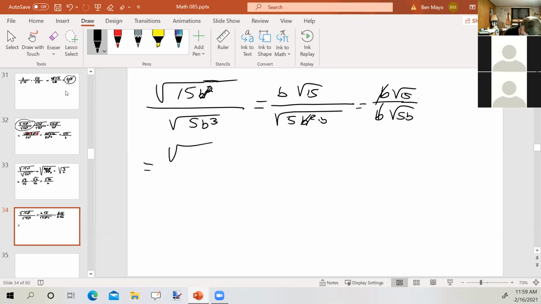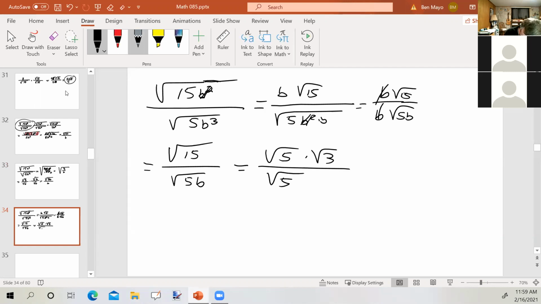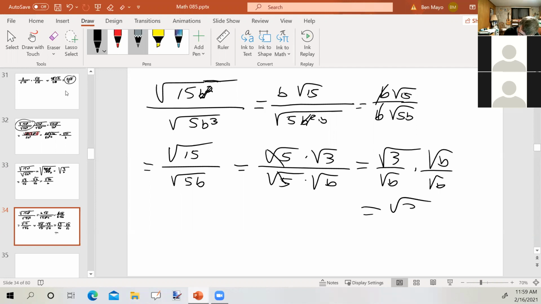So now I've got the square root of 15 over the square root of 5b. I could rewrite the top as the square root of 5 times the square root of 3, and on the bottom, the square root of 5 times the square root of b, and cross those out. Then multiply by the square root of b over the square root of b to get the square root of 3b over b. I don't know if I like that method, but I'm just trying to show you there's a lot of different ways you can do this.